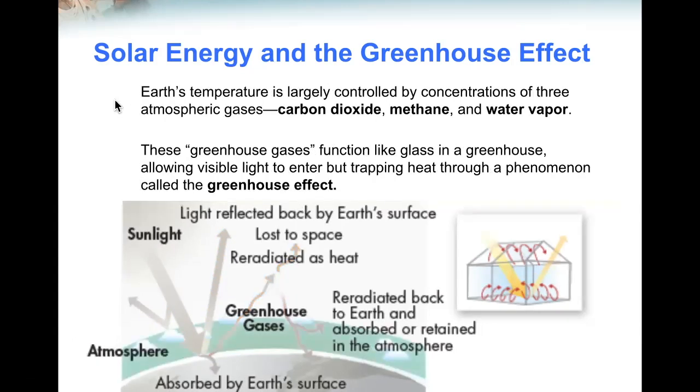Earth's temperature is largely controlled by concentrations of three atmospheric gases: carbon dioxide, methane, and water vapor, clouds. These greenhouse gases function like glass in a greenhouse, allowing visible light to enter but trapping heat through a phenomenon called the greenhouse effect.